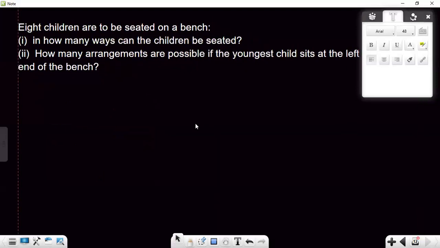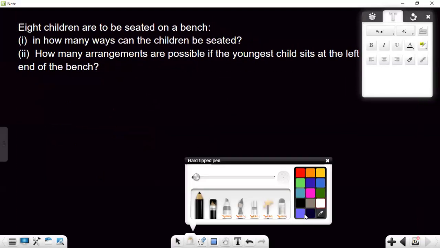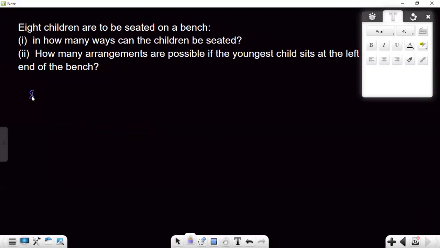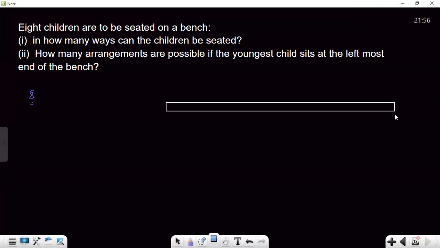Is the question clear, everyone? Yes, sir. So there are 8 children that are to be seated on a particular bench. A bench looks generally like this.